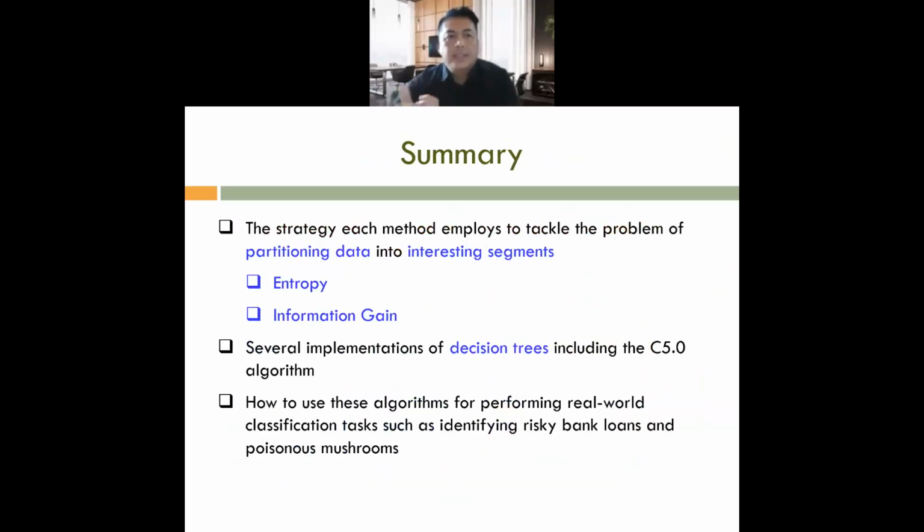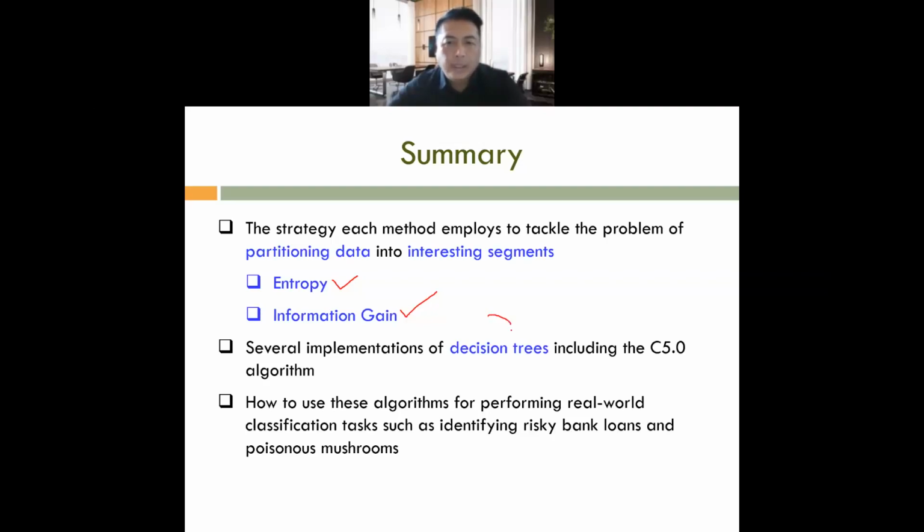Okay, so in summary, today you learned how to partition your data in order to construct the tree. So we are looking at the entropy. This one you must know, must understand, because if you are dealing with data using machine learning, you have to look at this entropy. Okay, and also this entropy is used to compute the information gain. Okay?